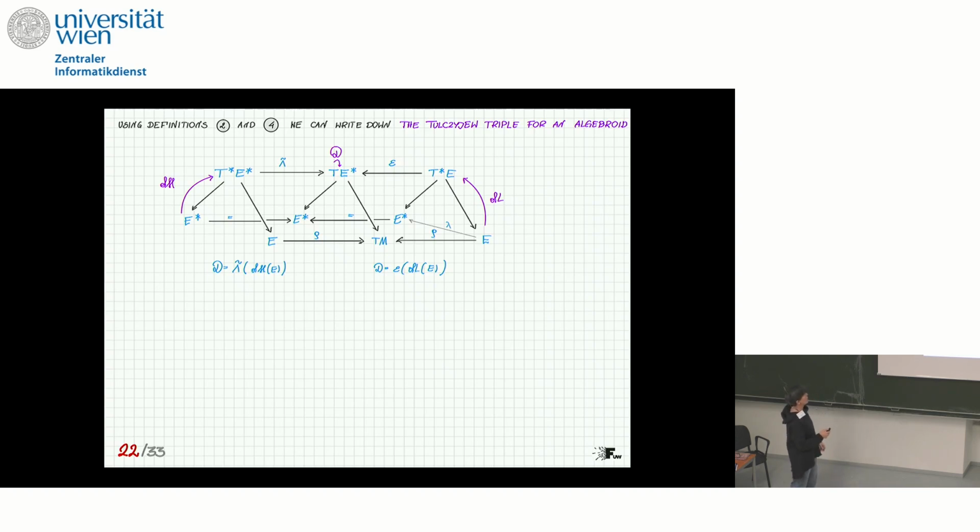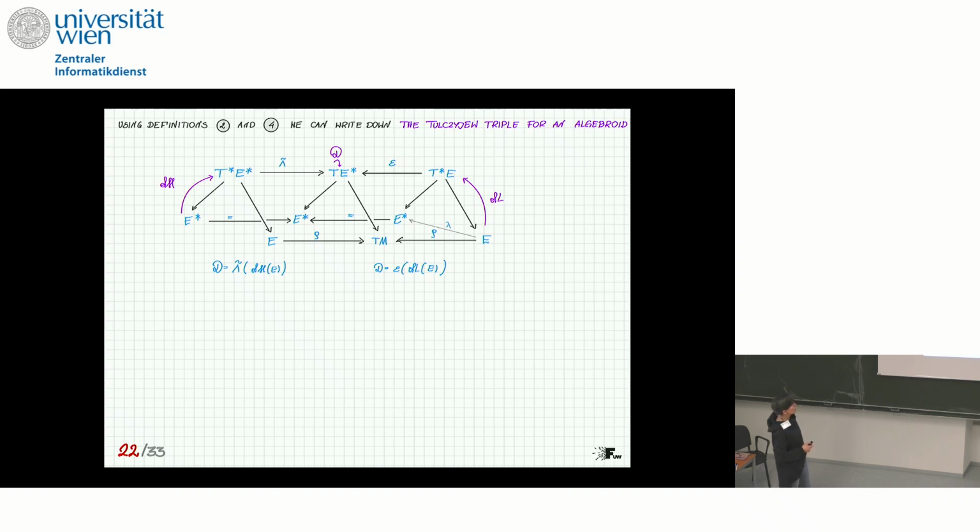And finally we arrived at the Tulczyjew triple for an algebroid. We've been talking about Lie algebroids up to now, so let us stick to Lie algebroids. We took definition 2, which is a Poisson structure on the dual, but this Poisson structure written as a map. Since it is a linear Poisson structure, it corresponds to a double vector bundle morphism here.